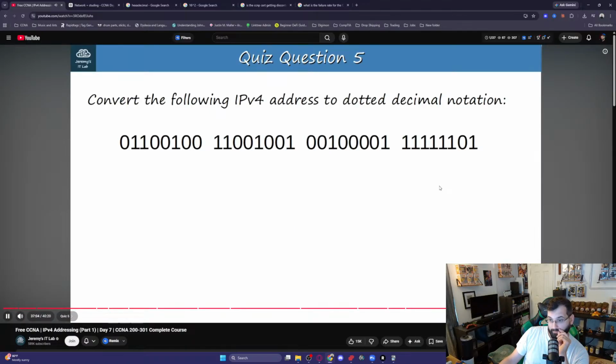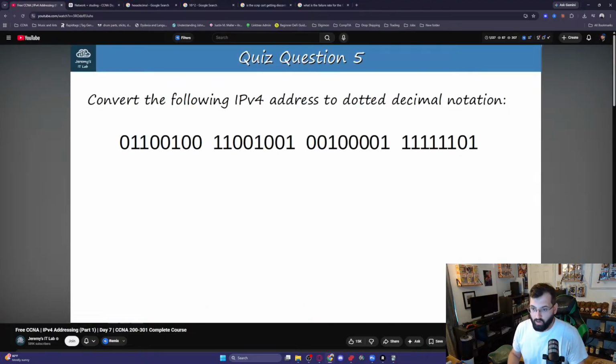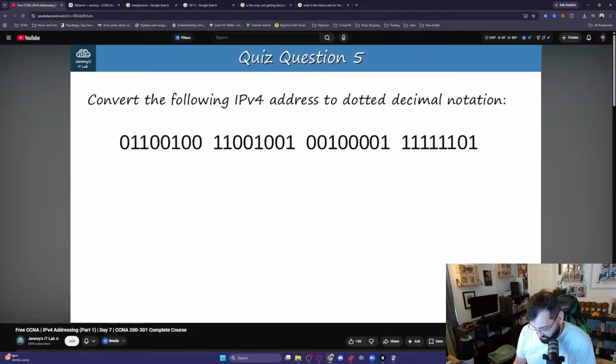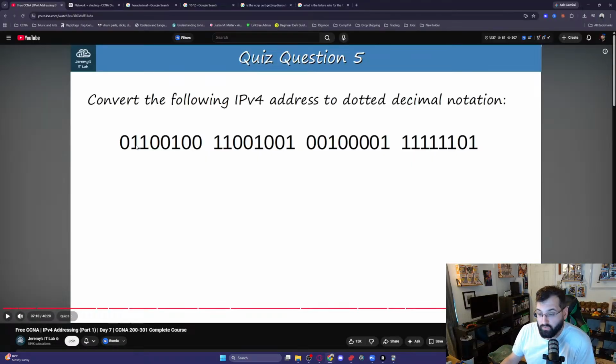Convert the following IPv4 address to dotted decimal notation. Okay. Wow, man, that used a lot of brain power. I'm not going to lie. All right, we're going to use the calculator on this one. But I'm starting to understand. So this is going to be 4. And then another good one to memorize is 64 and 32 is always going to be 96.